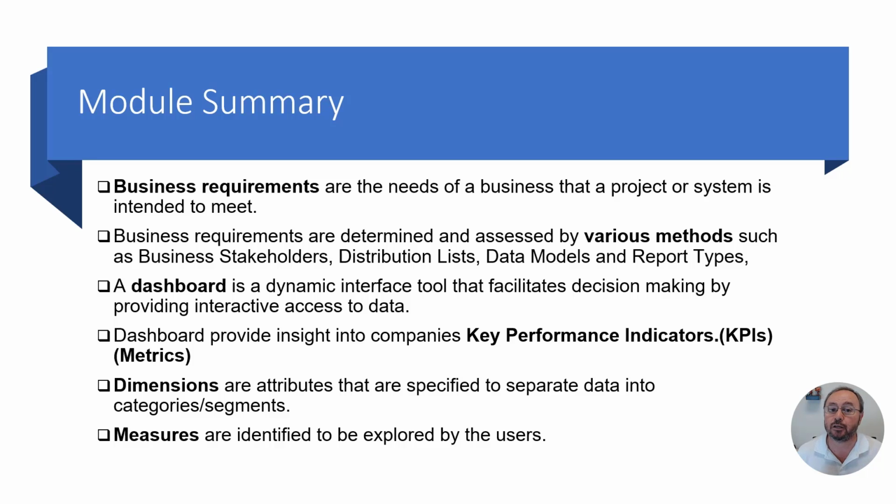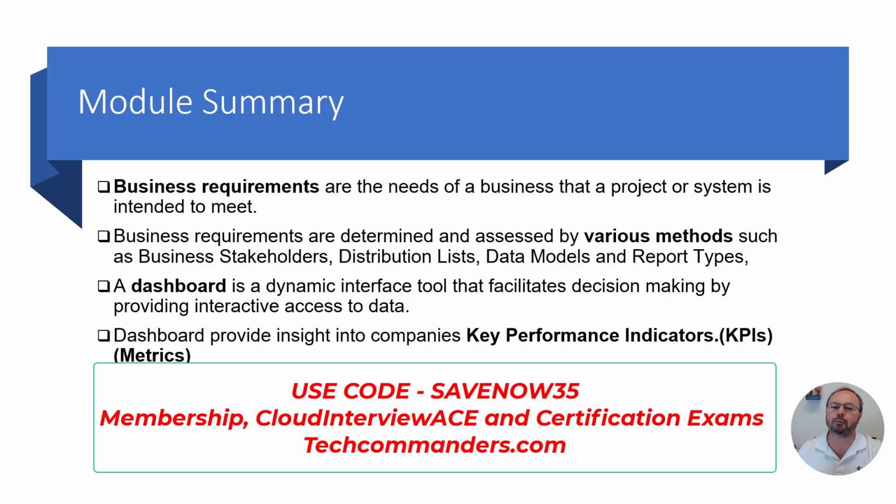It could be just the expectations of the stakeholder. It could be the audience on a distribution list. It could be the data models or report types that are used. Whatever that specific requirement that's been set is, we'll need to meet those requirements of the stakeholders. Remember, it's all about providing value.